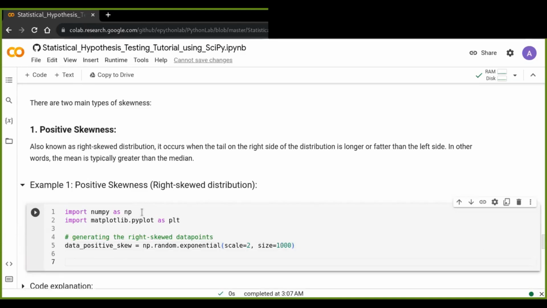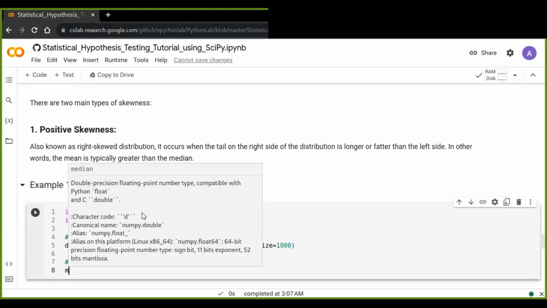Now find the mean and median, because that's very important to compare the mean and the median, because by comparing the mean and the median, we can understand the data is right-skewed or left-skewed. Okay, so find the mean and median of the data points.